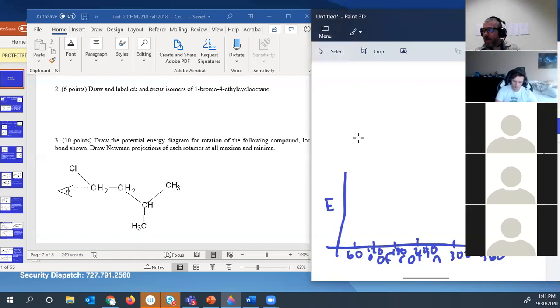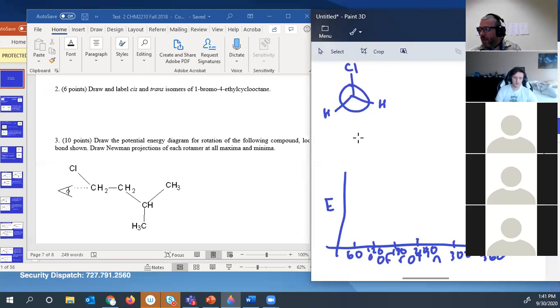Then we start drawing our Newman projections. The way I would handle this is the Cl is at the front, and the C with the Cl has 2 hydrogens and a Cl pointing upwards.